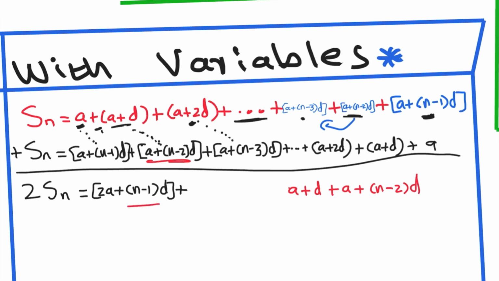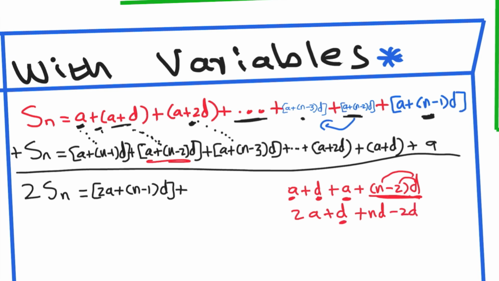How am I going to get this? Because remember, we had a lot of 25s when we were dealing with the values. So even on this one, I have to have the same terms, which means here I should have the same thing as this. But how is it going to be like that? Let's see. A plus a is going to give us 2a. Now, how do I add d to this? I have to first distribute this. I'm going to say plus d, then plus d into n, and d into negative 2, negative 2d.